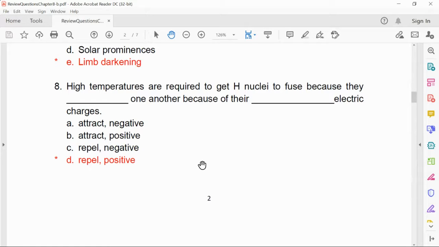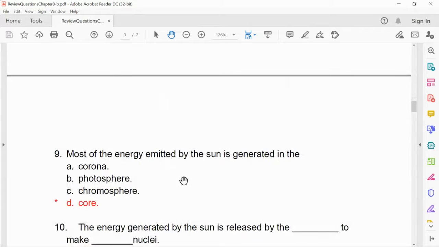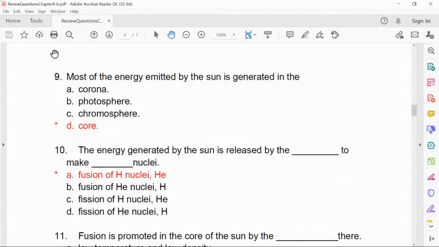A proton is positively charged, and positive charges repel, and that's called Coulomb repulsion or electrostatic repulsion, and you need a temperature of more than 10 million degrees to overcome this in order to fuse the hydrogen nuclei, and that's why we say here they repel. Because of what? Because of their positive charge, or because of the electrostatic repulsion.